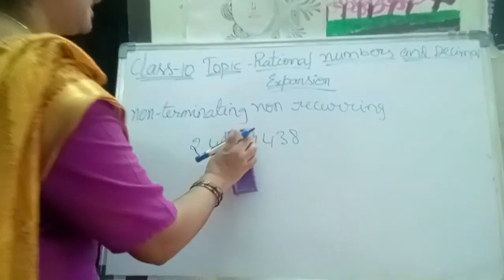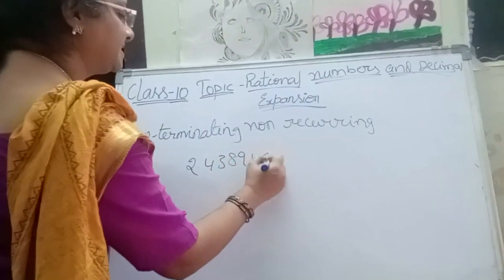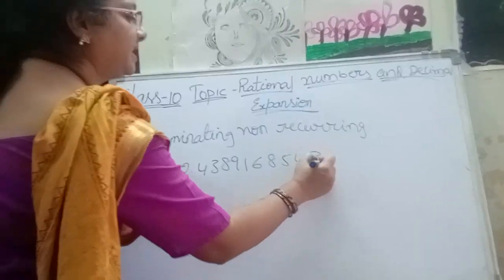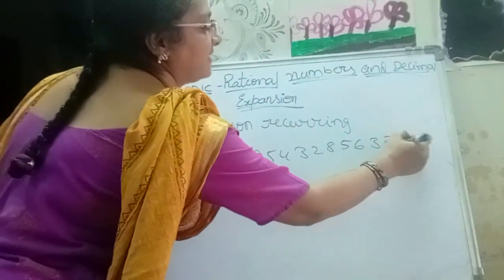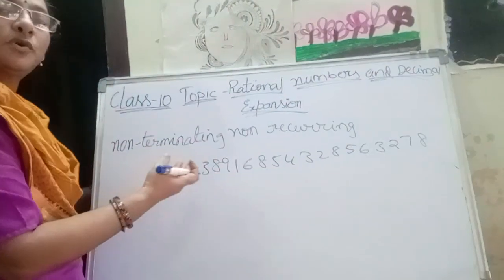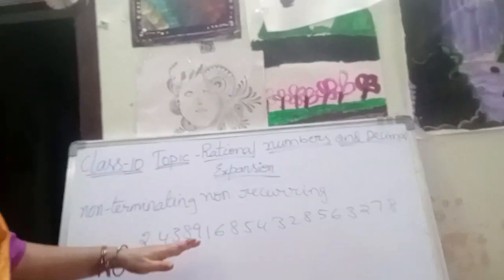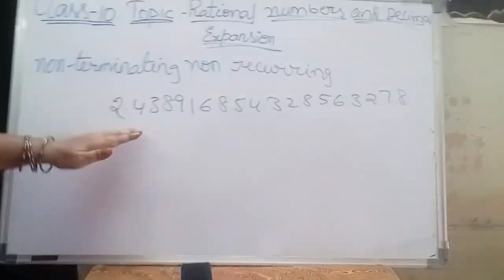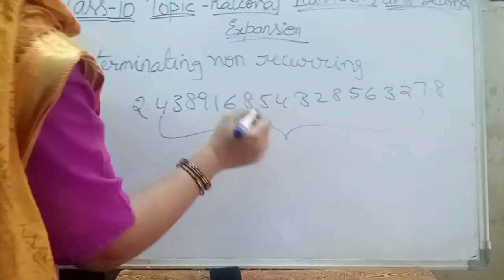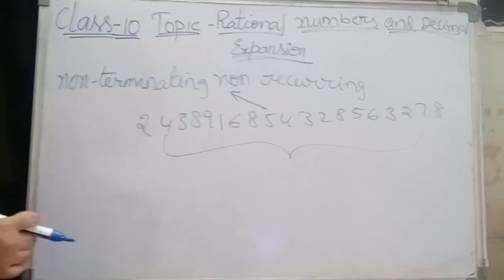Sorry, no repetitions. 43891685432856327, in that way it's going on like that. You are not getting remainder 0, and not even are you getting the same digits repeating after the decimal. This type of decimal numbers are called non-terminating, non-recurring decimal numbers.